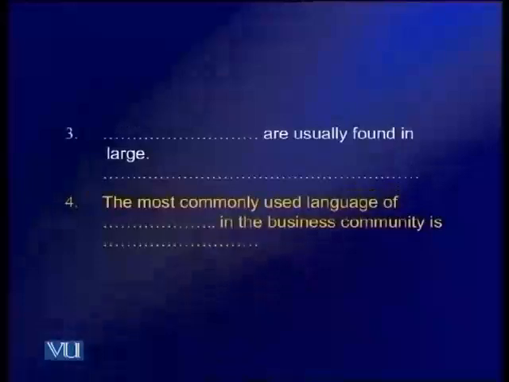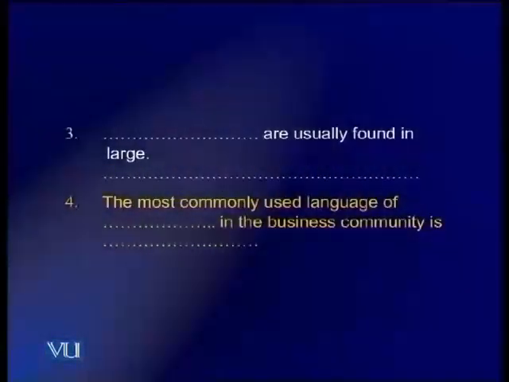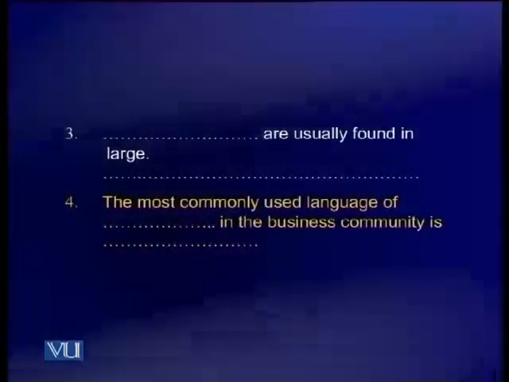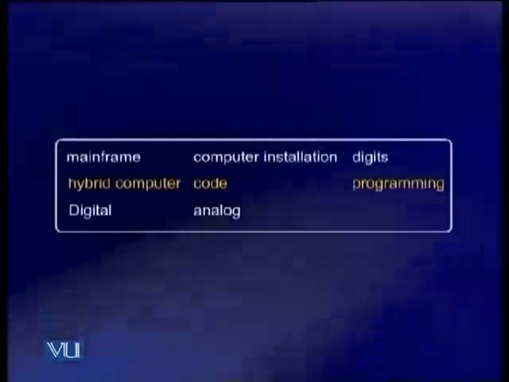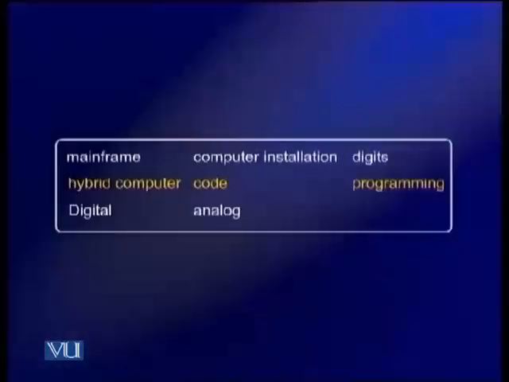Number 3, look at the sentence: dash are usually found in large something. Now what is found in large? Your text was about mainframes. Mainframes are usually found in large computer installations.